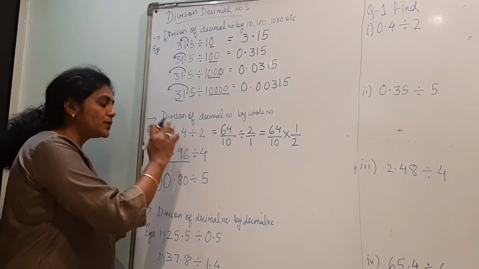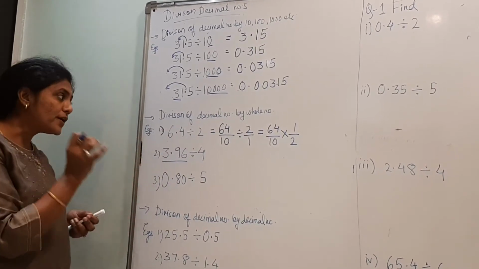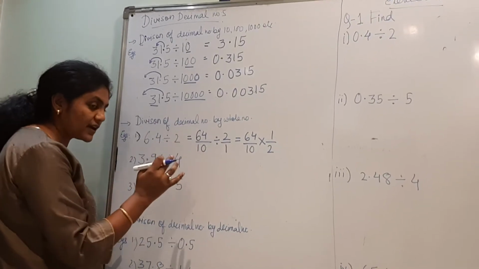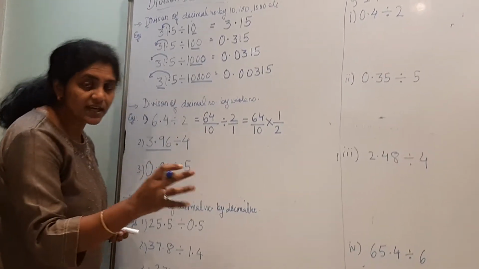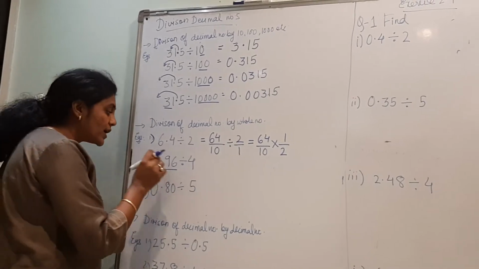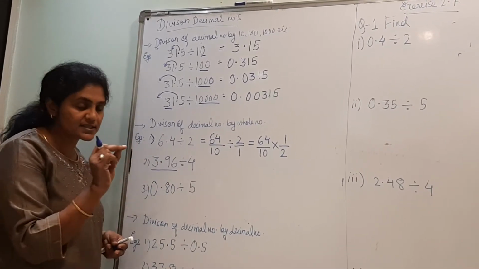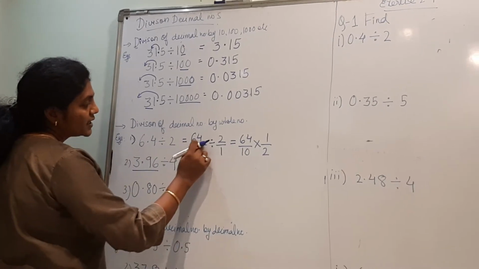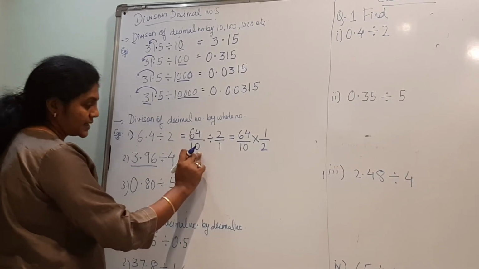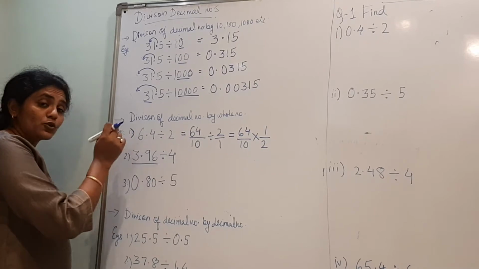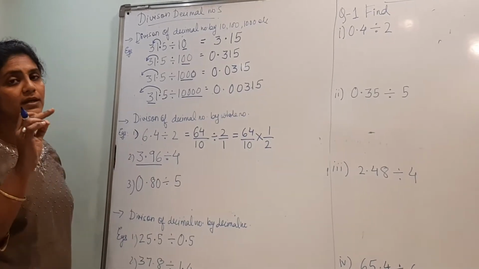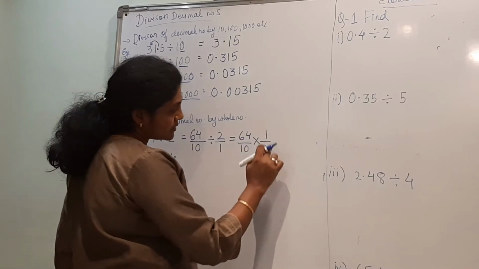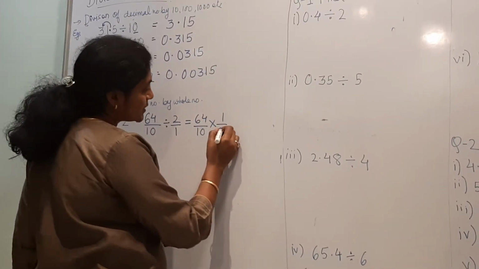You have to remove the point, either by dividing by 10, 100, 1000, depending on where the point is placed. If it is placed before one digit, this will be divided by 10. If it is placed before two digits, it will be divided by 100. So now this becomes your fractional part.